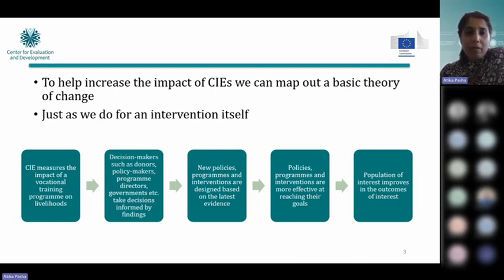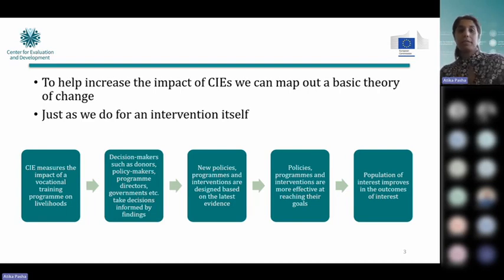And so if we were to map this effect out, what you would see is that first and foremost, we do a counterfactual impact evaluation, and we are able to quantify the impact from your training, right? On livelihoods and resilience and employment, whatever variables you are interested in. With this evidence in hand, we go to our decision makers, which are, so to say, our donors who gave us the money, policymakers, which are national ministries and national governments or even regional governments.